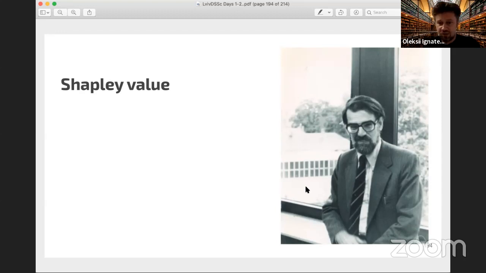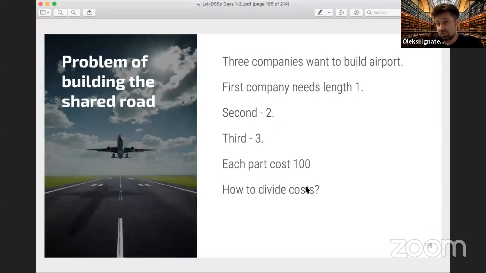Lloyd Shapley is a very prominent scientist of cooperative game theory, and he got the Nobel Prize in Economics with Alvin Roth, as I already said. He was the author of another division principle, and this principle is called the Shapley value.